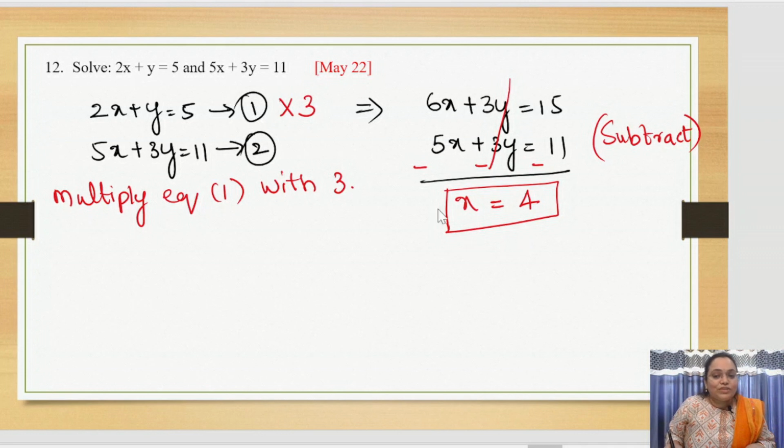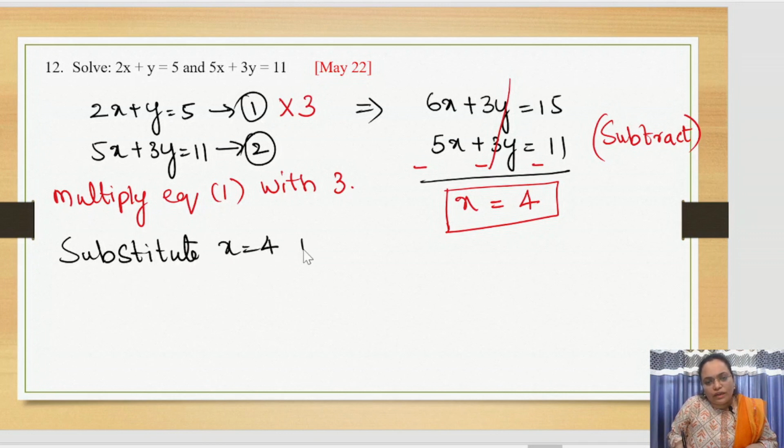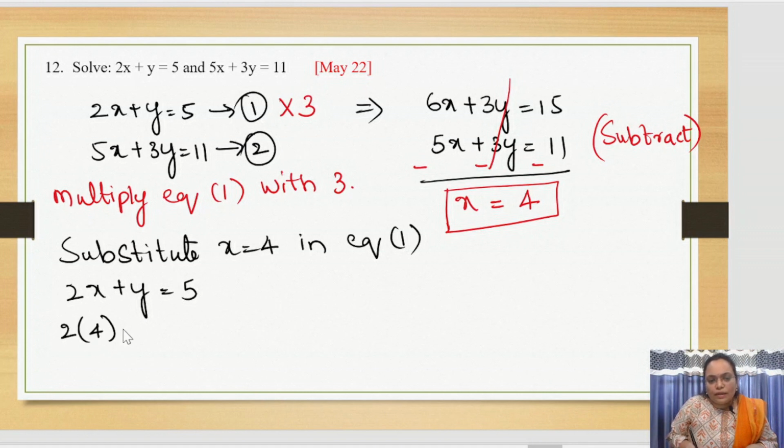Now let us substitute the value of x in any one of the equations and find the value of y. Substitute x is equal to 4 in equation number 1. So what is equation 1? It is 2x plus y is equal to 5. We know the x value. Yes, that is 2 of 4 plus y is equal to 5.